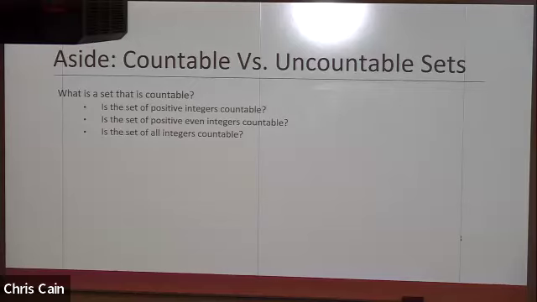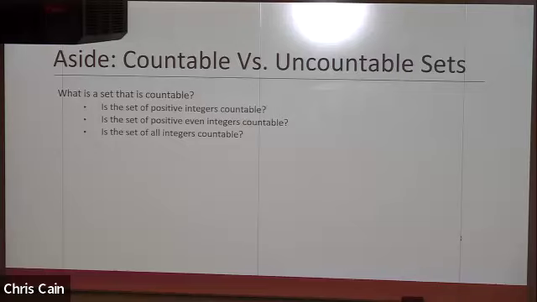Start at 0. But then you go 1, -1, 2. Yes. So we're going to flip-flop back and forth between positive and negative, starting at 0, then 1, -1, 2, -2, 3, -3, 4, -4. And the idea is there is no integer that you would never reach with that process.